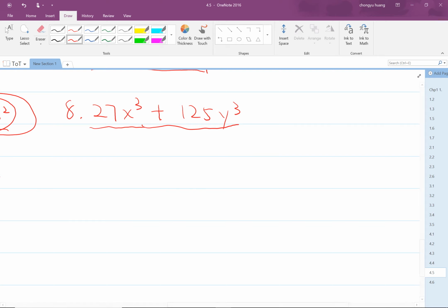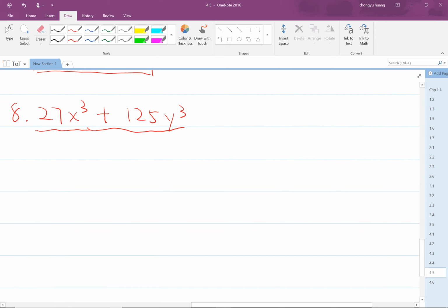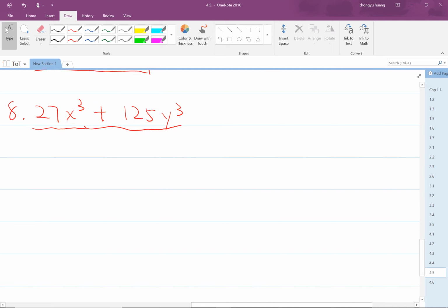As I said before, at the beginning you try to factor out anything before you use any property or method, but over here there's nothing in common. We don't have a greatest common factor between them, right? So right away you should know we have to use some property or some method. The property we have to use over here is the one we just talked about in this chapter, in this topic. So remember, right?